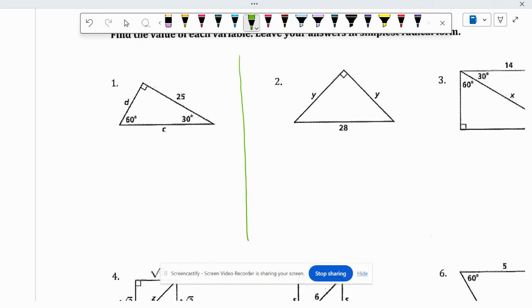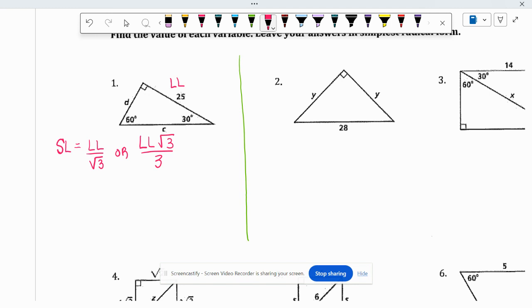What am I given? What measurement do I know? Is it a short leg, long leg, or a hypotenuse? Yeah, this is a long leg. So I know that the short leg equals the long leg divided by the square root of 3. Or, hang on a second, it equals the long leg times the square root of 3 divided by 3. The only time I use the divide by square root of 3 is if it's got a square root of 3 in it, right?